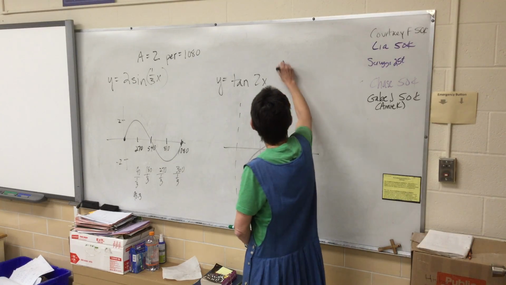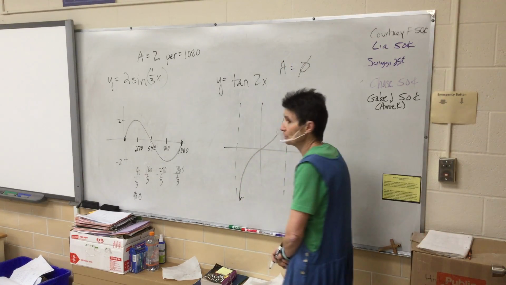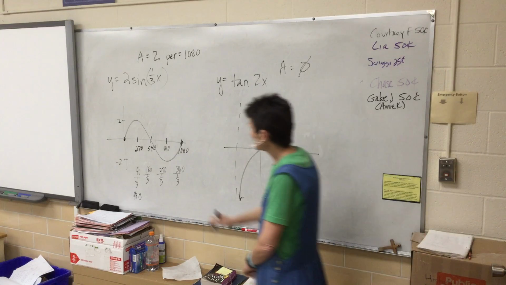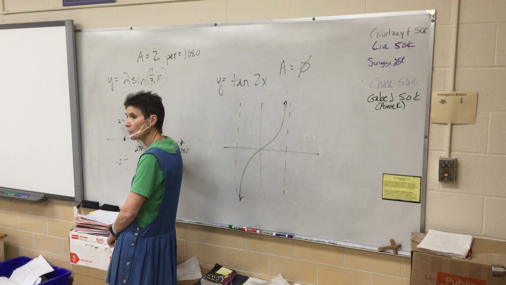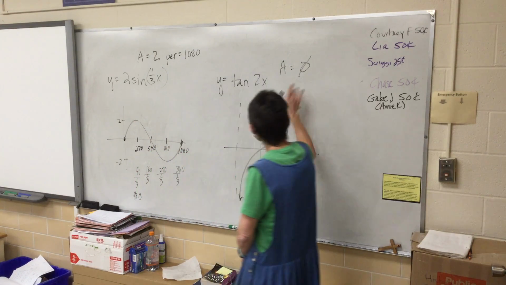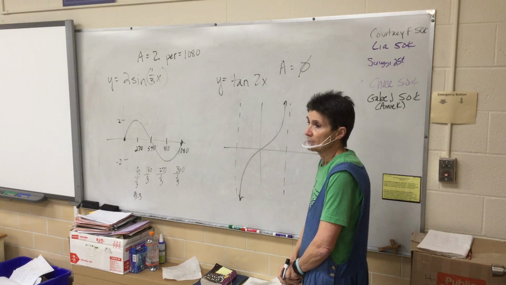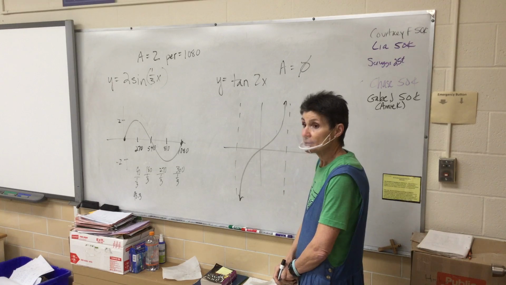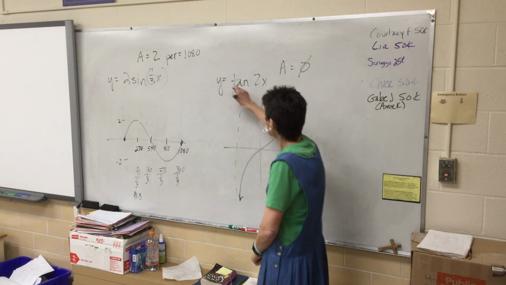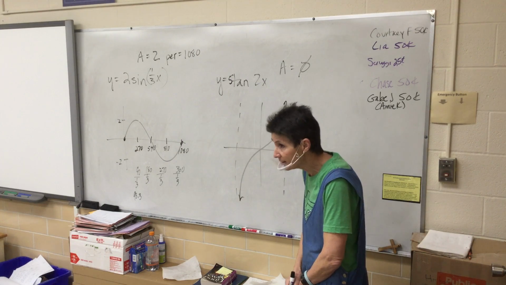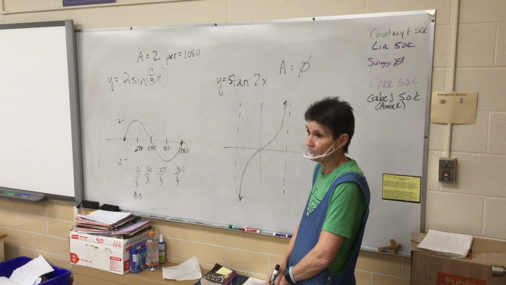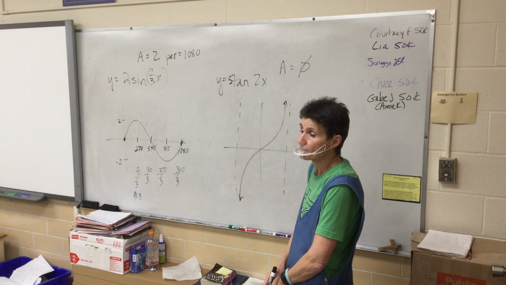Because the tangent has no amplitude. Amplitude is high point. How high does it go? This goes forever. There's no amplitude. Trick question: what if I put a 5 out here in front? Still no amplitude, right? No amplitude for a tangent.